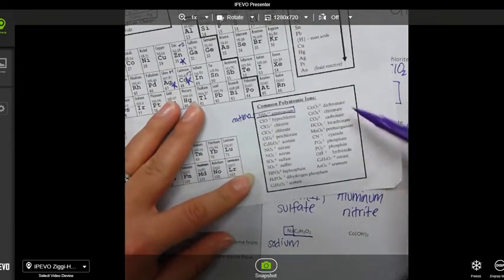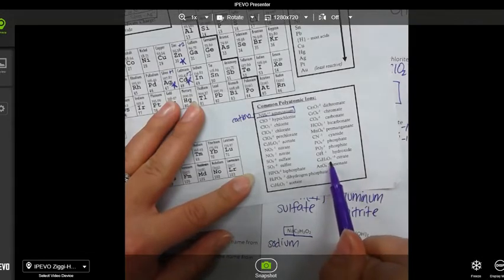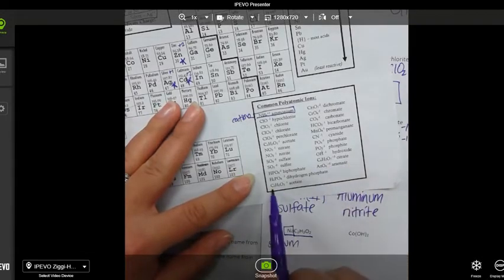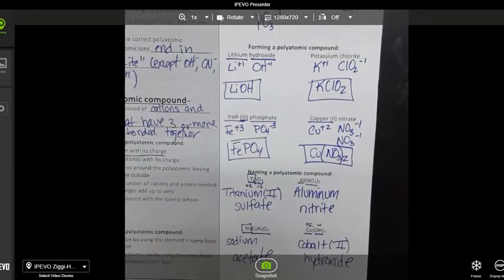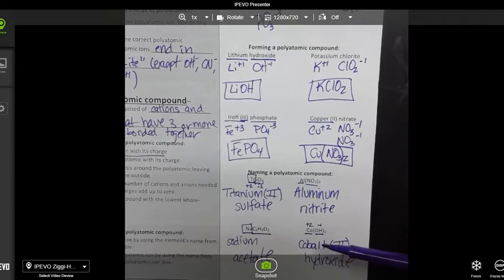Now be careful because there's C6H5O7, that's citrate, whereas C2H3O2, like what's right here, is acetate. So the name of this compound is sodium acetate. All right, so there you have it. That is how you form compounds and how you name them.